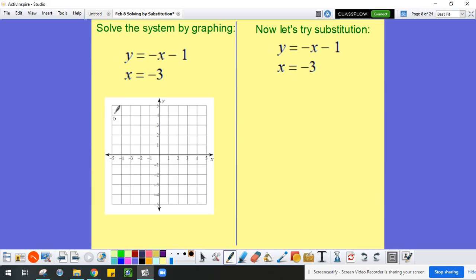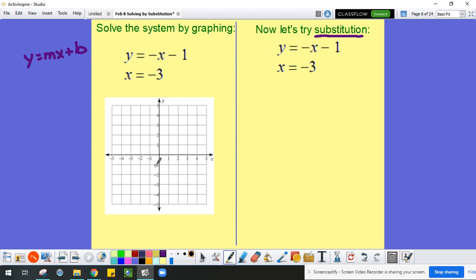So as a quick review, the name of the game is substitution. We have studied how to solve by graphing, and we've studied substitution. I'm going to start off with this one. This one is in the form of y equals mx plus b, and if it's in that form, you have everything you need to graph it.